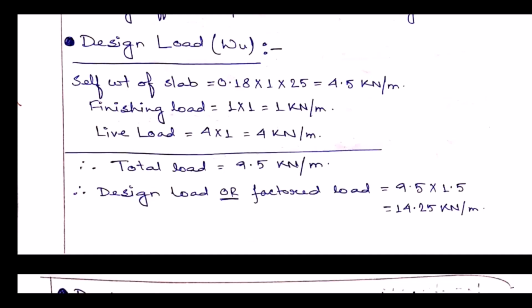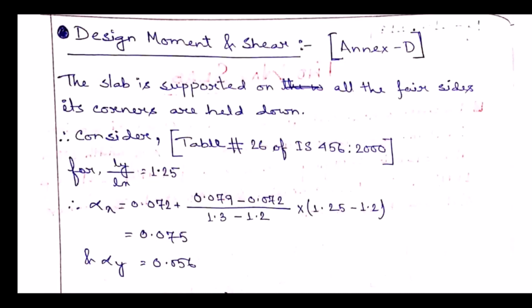So factored load will be 9.5 into 1.5, that is equal to 14.25 kilonewton per meter. This is the factored load. So the next step is design moment and shear.